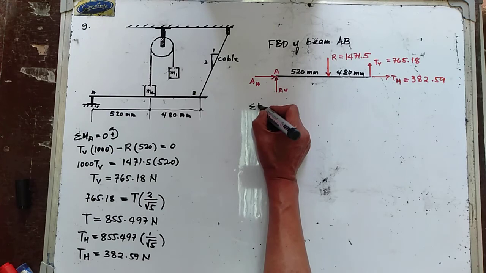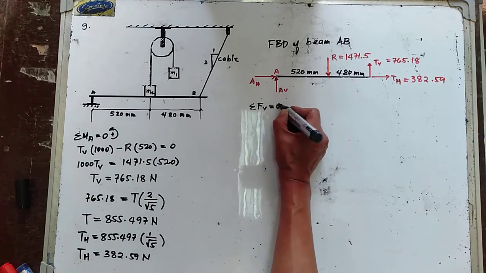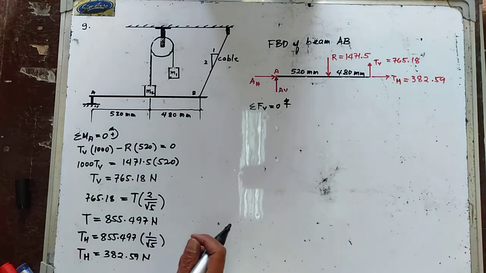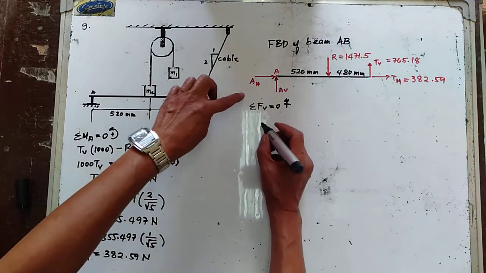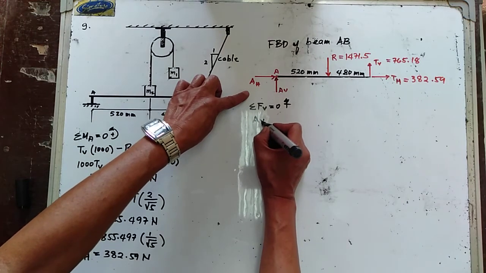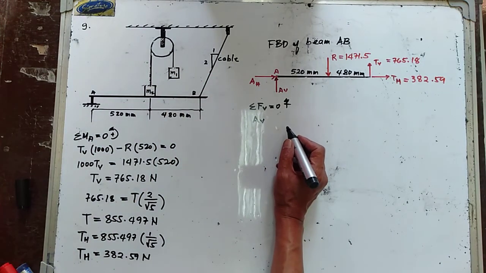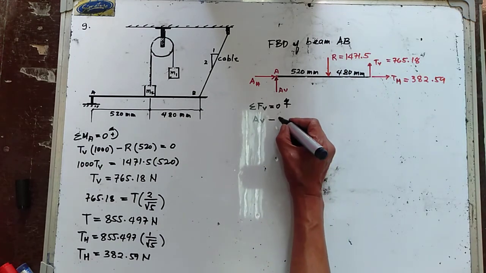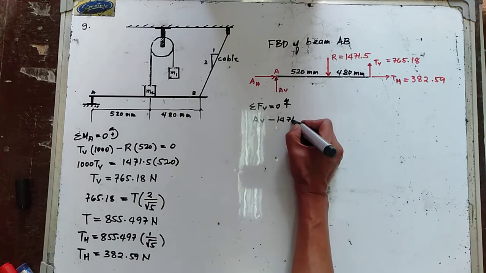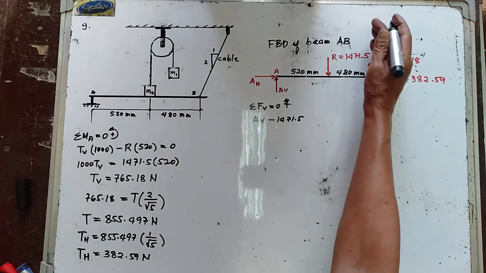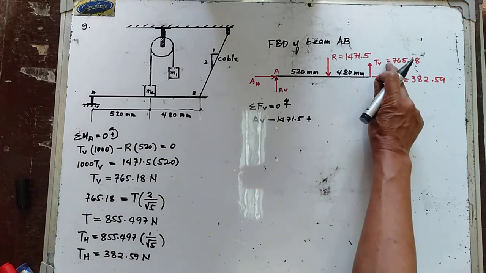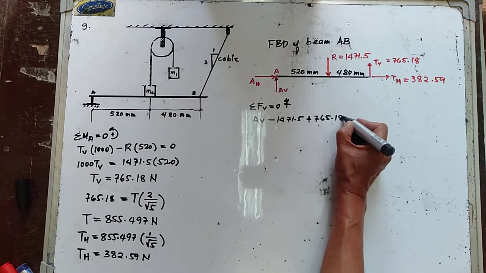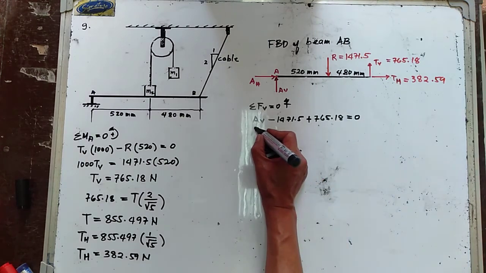Let us try to determine now the reaction at point A. Summation of forces vertical is equal to 0, upward forces positive. So we have your A vertical, and then we have minus R, and the value of R is 1471.5, plus T vertical, and the value of T vertical is 765.18, and that one is equal to 0.